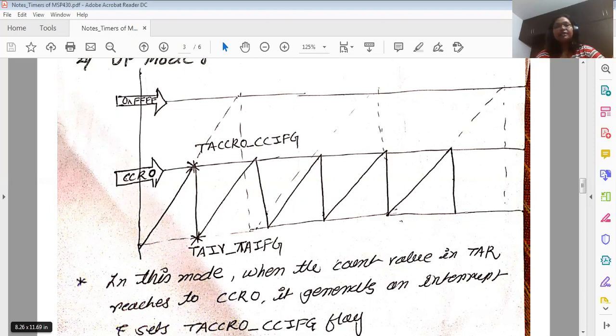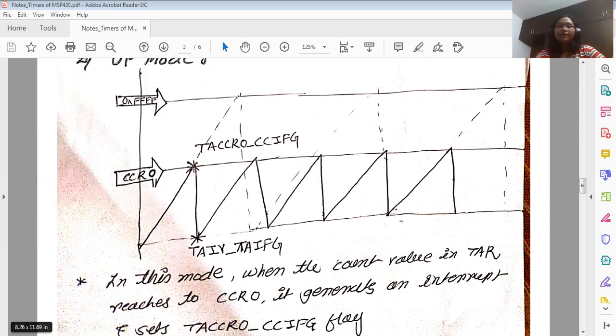The content will keep incrementing with every clock pulse till its final count, that is FFFFH. And when it reaches the final count, it clears the TAR register value.